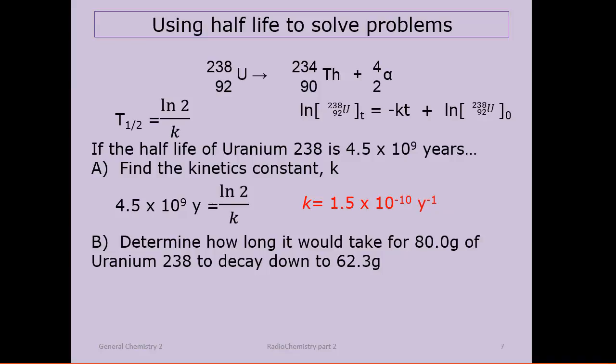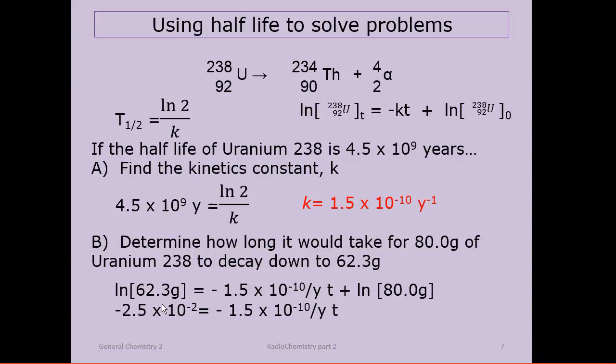So now I'm ready to plug into the integrated rate law for first order reactions. And again, as we discussed in the prior slide, you can directly plug in the masses, and that will be equivalent to concentration, and solve for time. So as I collect terms, I subtract log of 80 grams from log of 62.3 grams.